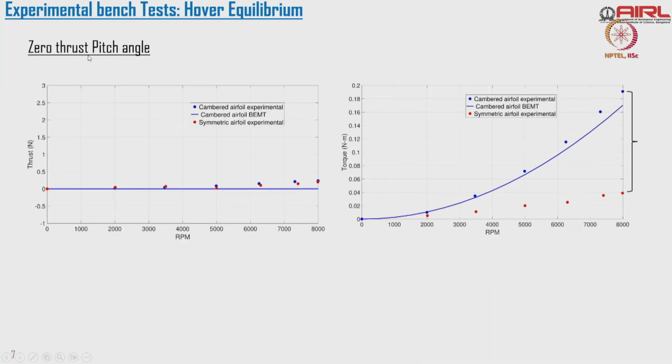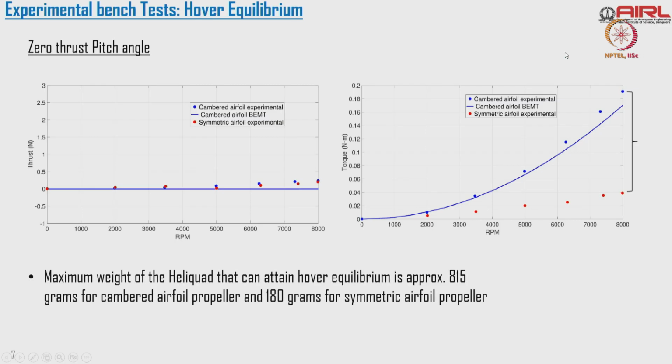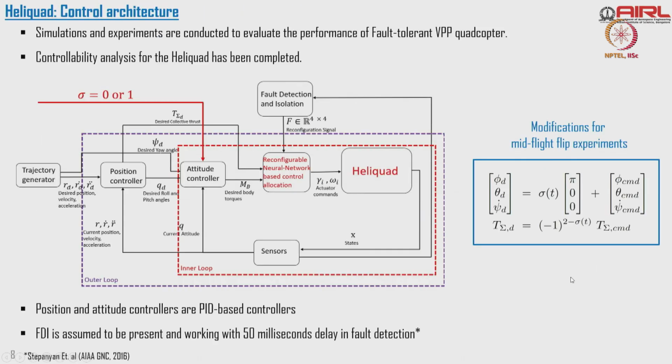Now I analyze, at the zero thrust pitch angle, what's happening with the symmetrical aerofoil and the cambered aerofoil, how my experimental data looks, and whether I can get the torque versus RPM data. I get the differences and I got the data, right. So this indicates I can use a cambered aerofoil and achieve the hover equilibrium without any problem, right. Now, the moment I know the maximum thrust I can get, I can design the whole aircraft, right.